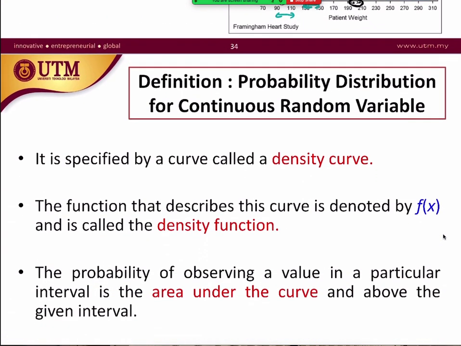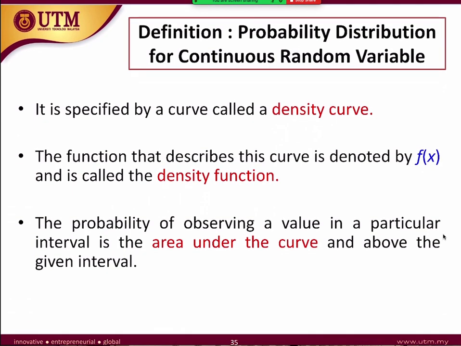All right, so for continuous, usually we use what we call a density curve. The density curve means it's already been auto calculated, and it's represented by fx. So remember, px is for discrete, fx is for continuous.